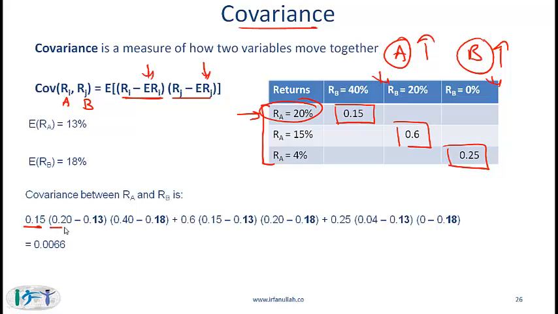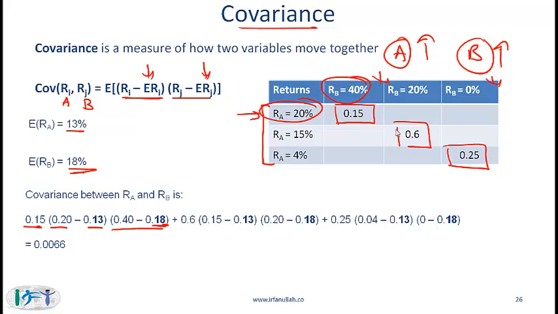So we have 0.2 minus the expected value of A, which is 13% or 0.13. We multiply that with 0.4 minus 0.18. Notice that in this scenario, the first scenario with a probability of 0.15, the return on B is 40% or 0.4 minus the expected value for B, which is 18 or 0.18.